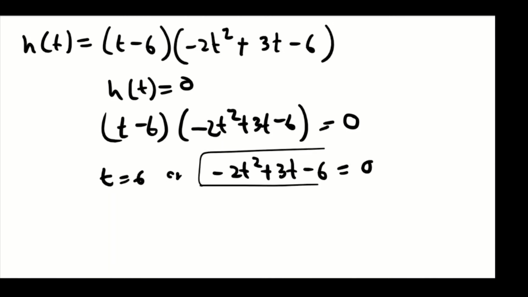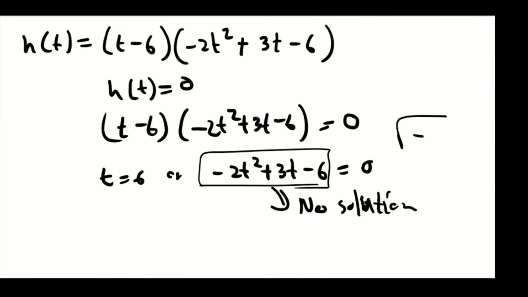You can find t for this, which I did earlier: you can use your quadratic formula, or factorize if it's possible. I found that there was no solution, because it was giving a negative number in the square root, which is just an error. So the insect touched the floor once, at t equals 6.